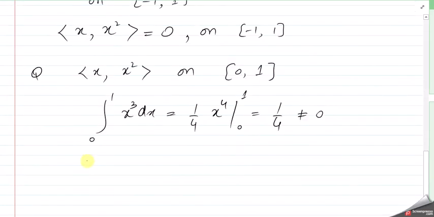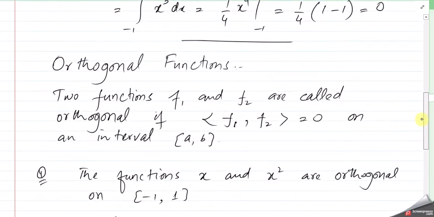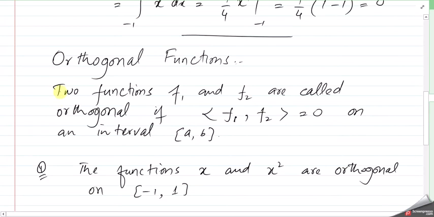It means the same set of functions x and x square are not orthogonal on 0 to 1.